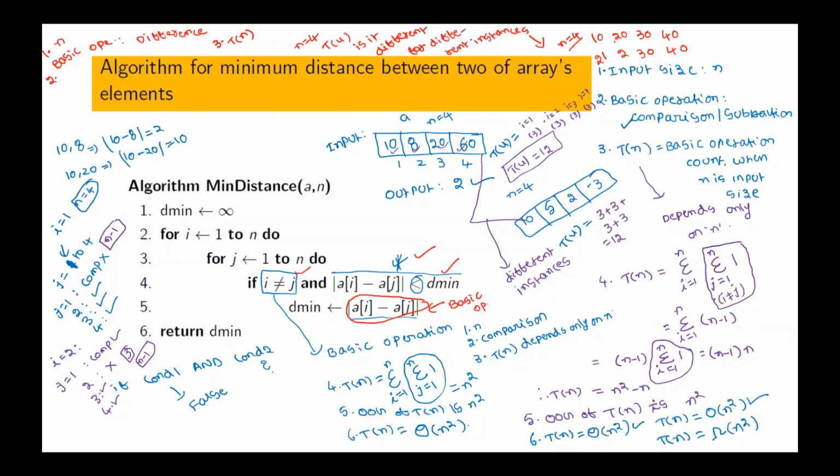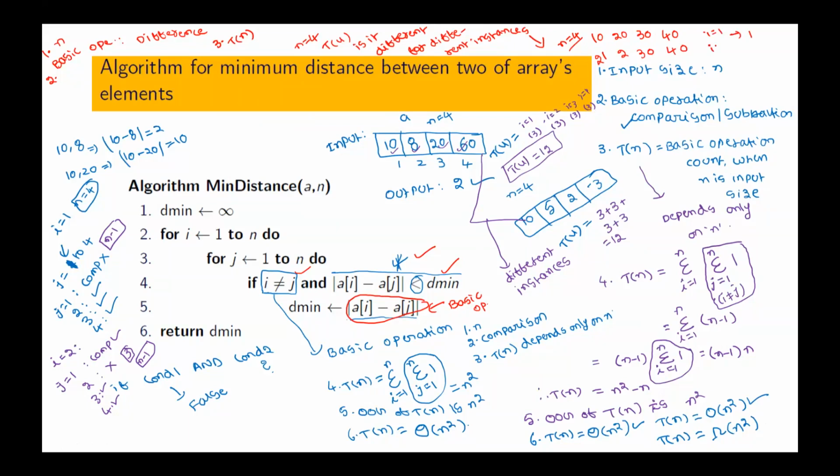What is the difference? 10. Next we compare 10 and 30. Difference is 20, which is more than 10, so this step is not performed. Then 10 and 40: the difference is 30, more than the earlier difference of 10. So when i equals 1, how many times is that operation performed? One time only.